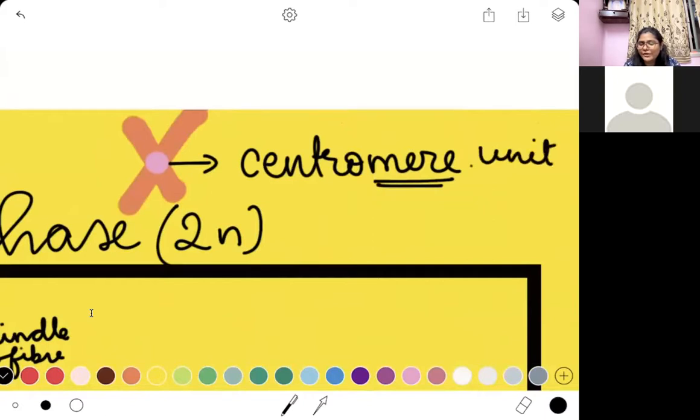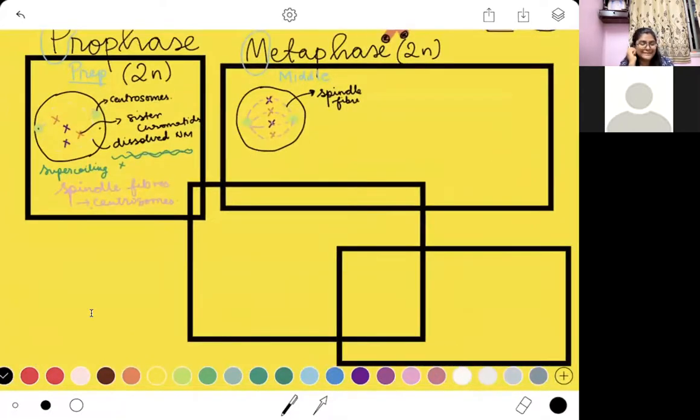So the unit of your chromosome that is at the center is called the centromere. Telo is for the terms, or the terminals like this, and the unit at the end is called the telomere. So you have the centromere and the telomere. We are going to discuss this telomere in a small paragraph later. You just want to remember this part.